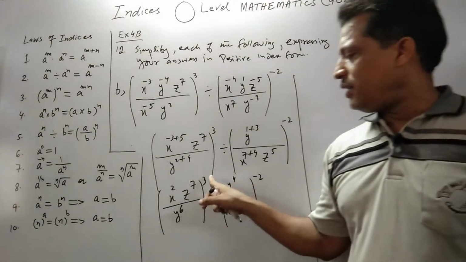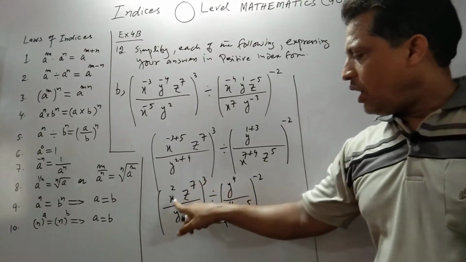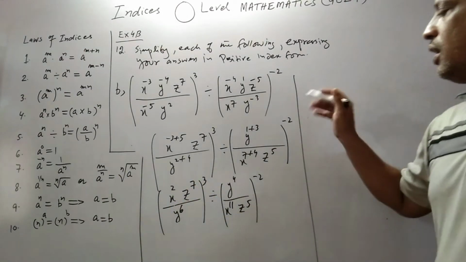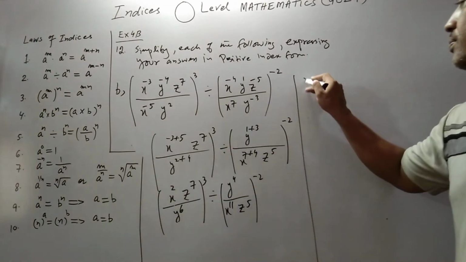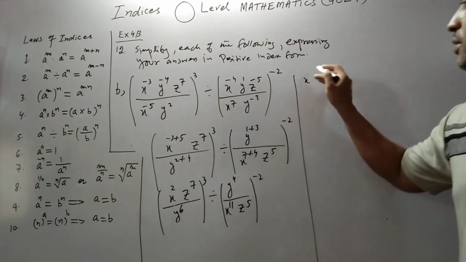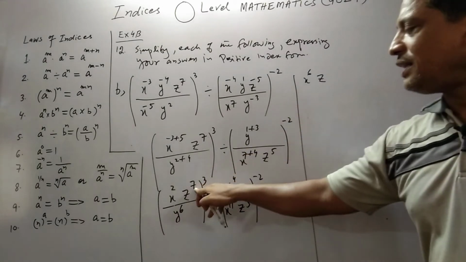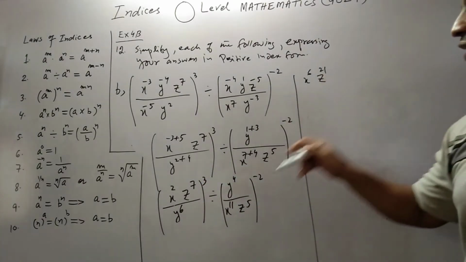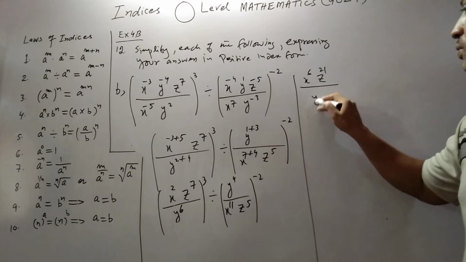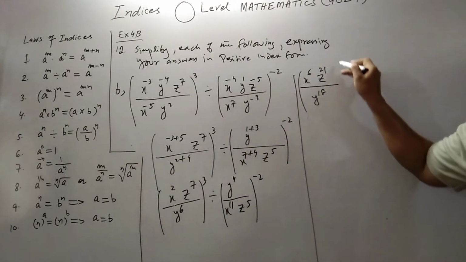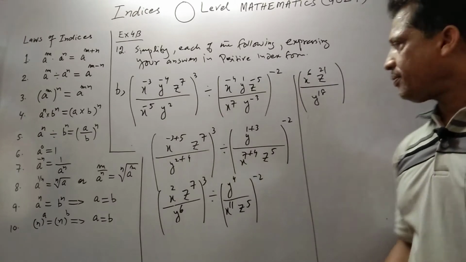So I am applying this power 3 on this x square, z7 and y6 directly. How? 2 3s are 6, z 7 3s are 21, y 6 3s are 18. I hope you understand.